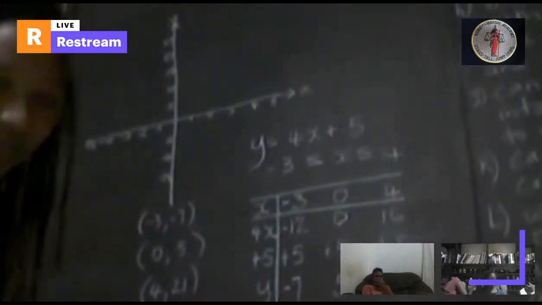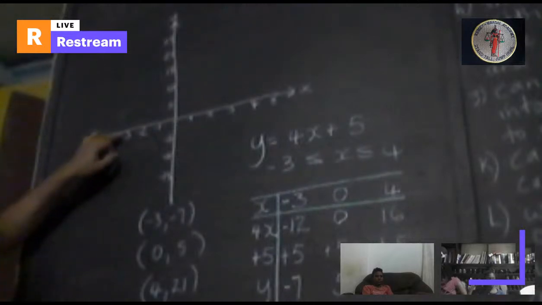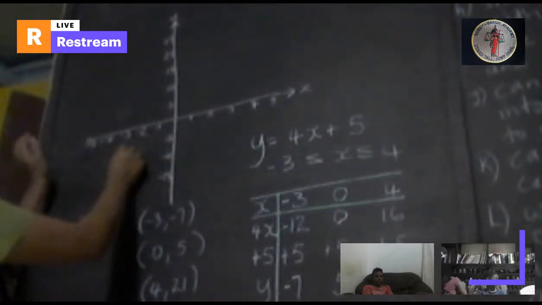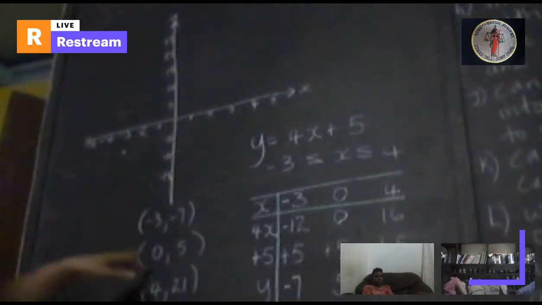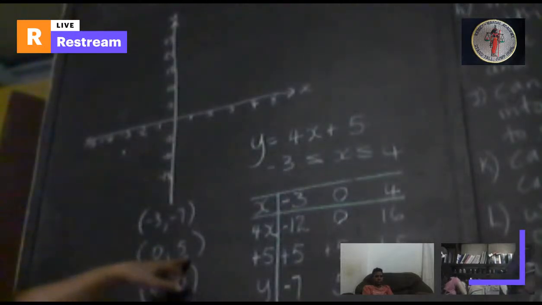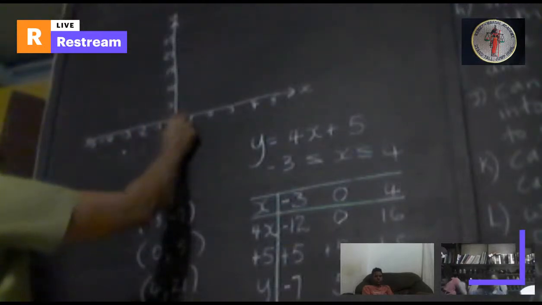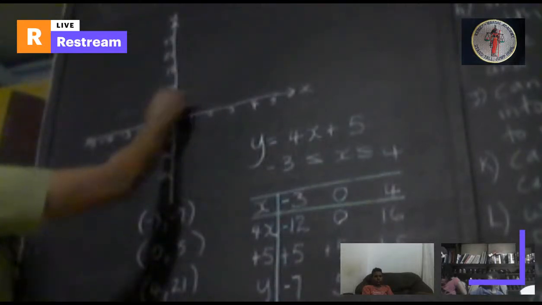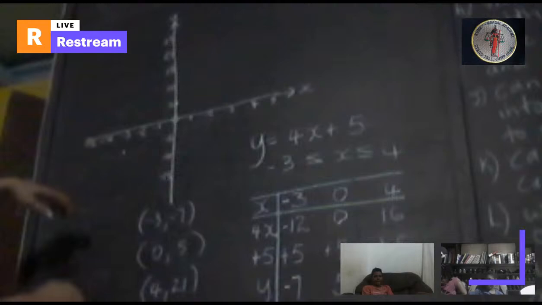All right, so -3. So -3 on the x goes down to -7, so that's here. 0 goes to 5, so that's here. And 4 to 21.